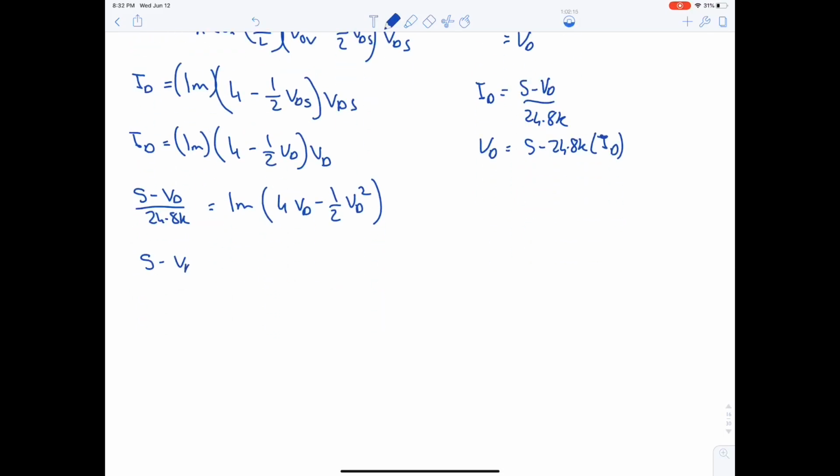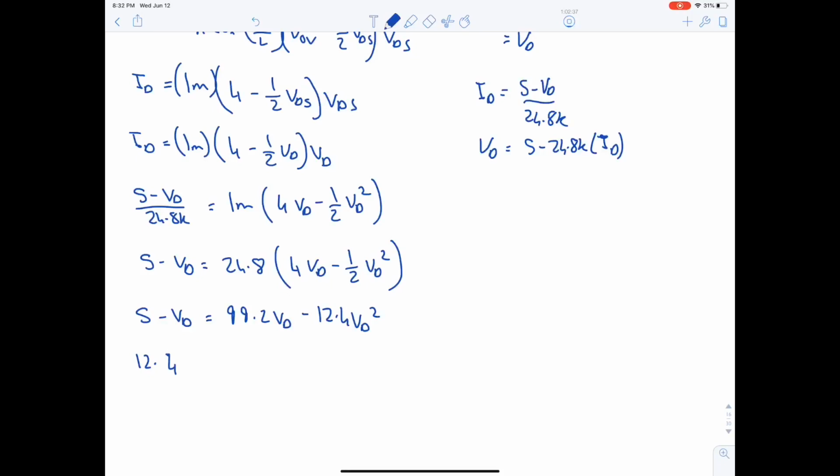Simplifying this, it will be 24.8 milli and K, they cancel each other out. Then this will become 5 minus VD equals 99.2 VD minus 12.4 VD squared. So 12.4 VD squared minus 100.2 VD minus 5 is equal to 0.